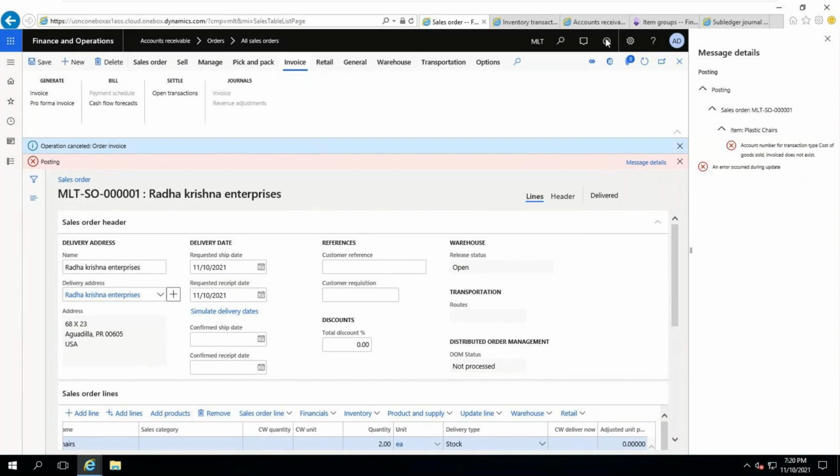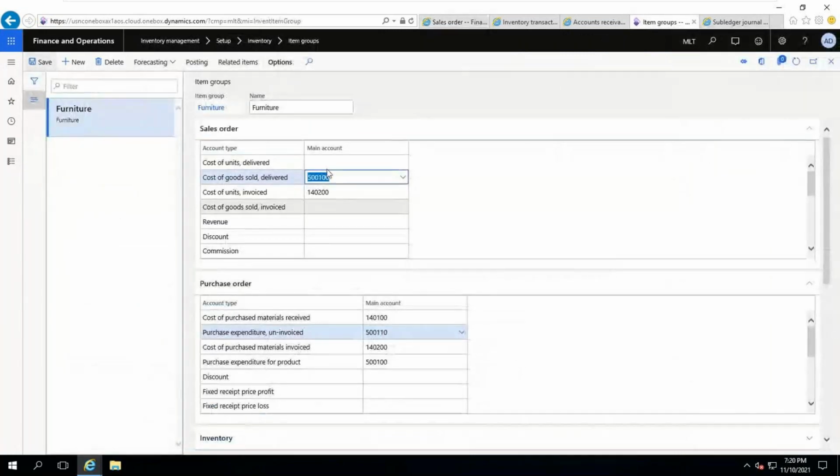But we have mapped. One second, let me save this one. Oh, sorry, it was not mapped here. This is not the account. This is the account. I'm sorry. That is the reason it is throwing the same error message.